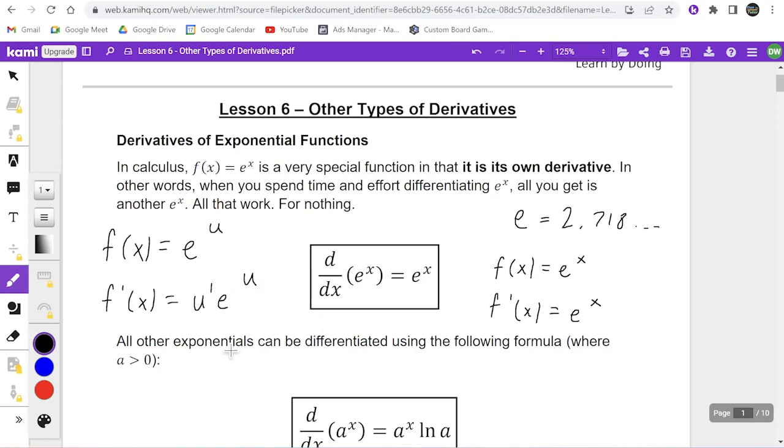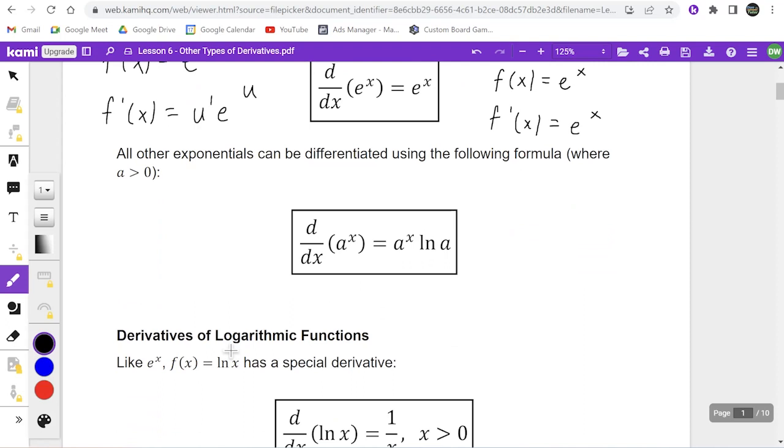After we talk about e to the x, the next function is a to the x, and a to the x is the exact same thing, except a can be any number. So as an example, if you have f of x equals 2 to the x power, then this derivative is almost the same thing. It's 2 to the x times the natural log of 2.